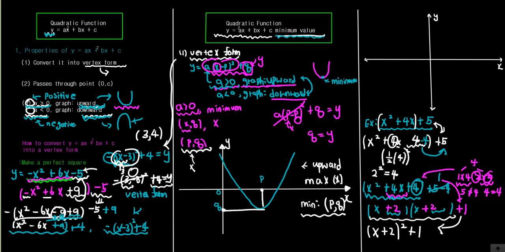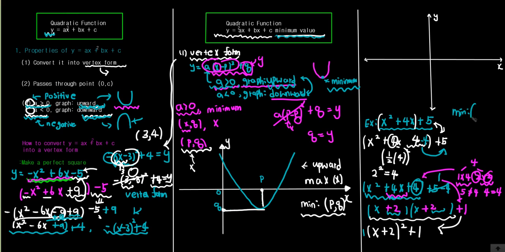And if we actually graph it with these points, we know the value of a, which is 1, so the graph will go upward. And we can think about it in terms of a minimum point. The reason is, as we have learned here, if the a term is positive, the graph will go upward, and it will only contain a minimum point.